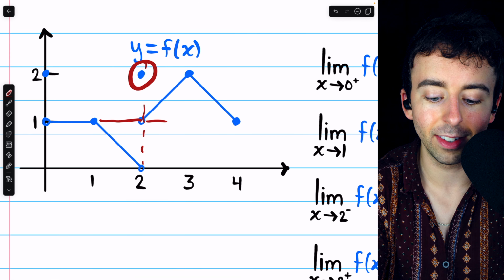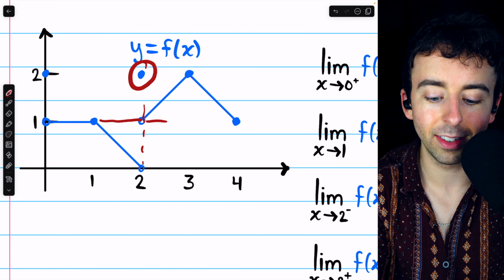As we approach this horizontal position of x equals 3 from the left, the y value being approached is 2. As we approach the horizontal position of x equals 3 from the right, the y value being approached, again, is 2. No matter which direction we approach from, it appears that the vertical position being approached is 2. And so the limit as x approaches 3 is 2.